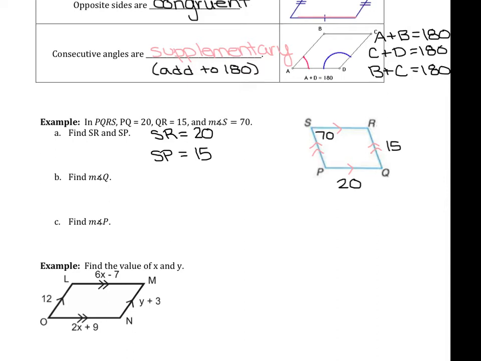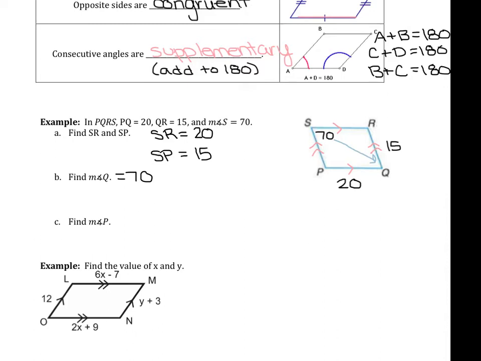In part B, we're looking for the measure of angle Q. Angle Q is opposite angle S, and we know that in a parallelogram opposite angles are congruent. So angle Q is 70. In part C, we're looking for the measure of angle P. Angle S and angle P are consecutive angles.